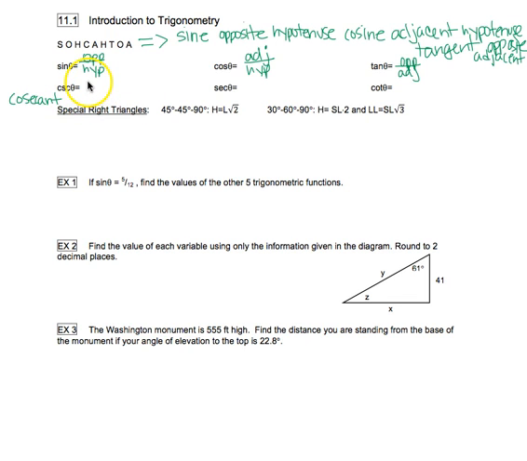And so because it's the reciprocal of sine, we find it by doing hypotenuse over opposite. Secant, which would be spelled like this, is hypotenuse over adjacent because it's the reciprocal of cosine.